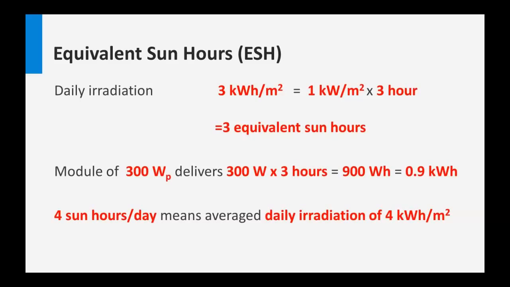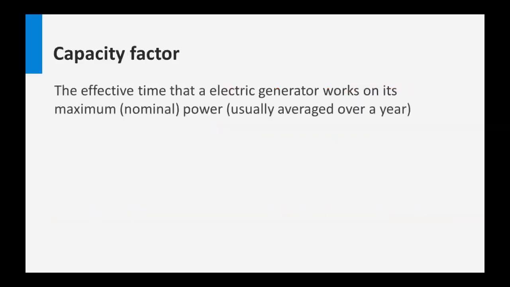There is also a relation between sun hours and the capacity factor. We also had some questions on the capacity factor. Let's look in more detail at the capacity factor of a solar module. Capacity factor is the effective time that an electric generator works at its maximum nominal power. And usually capacity factor is averaged over 1 year.